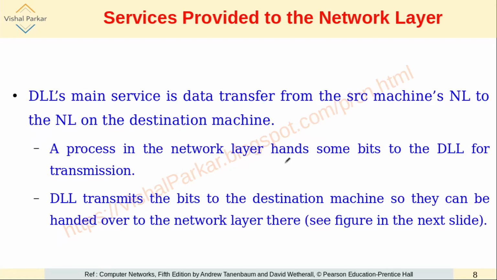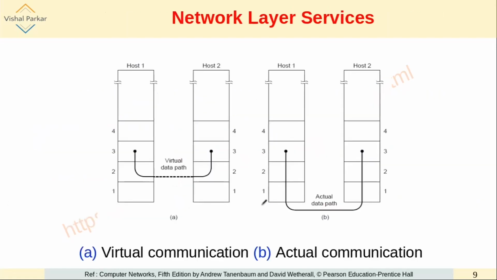Now these bits will actually be transferred in the form of packets, as we have seen previously. Now this DLL transmits the bits to the destination machine, so they can be handed over to the network layer there. So this is the actual and virtual communication.